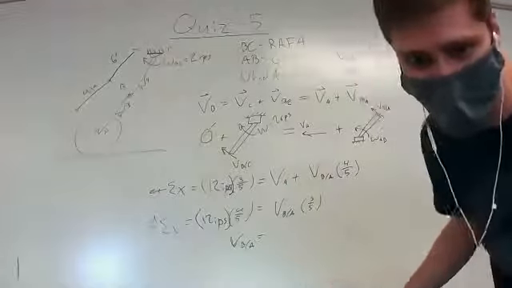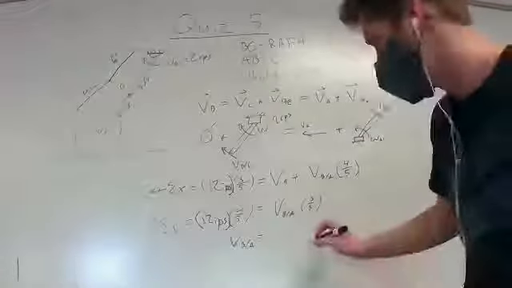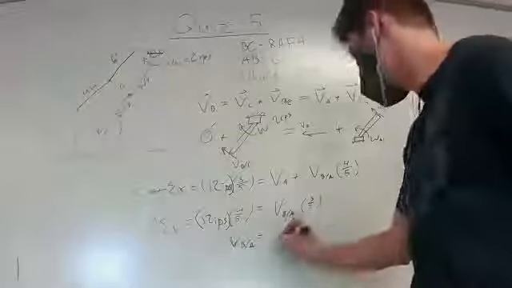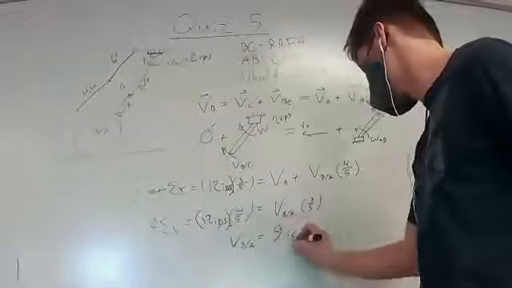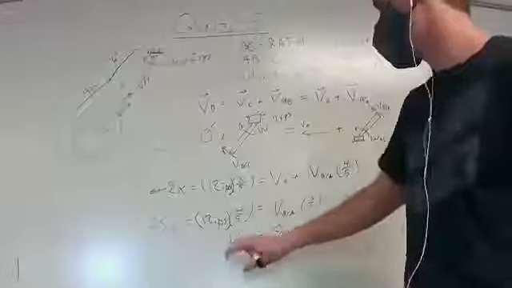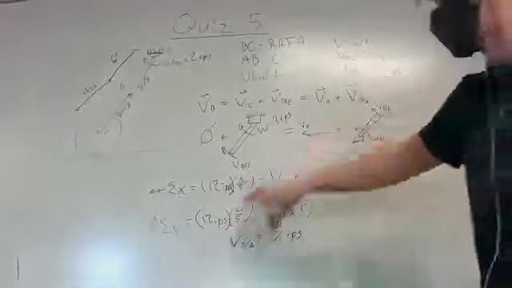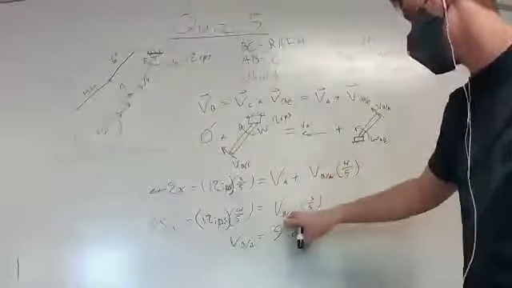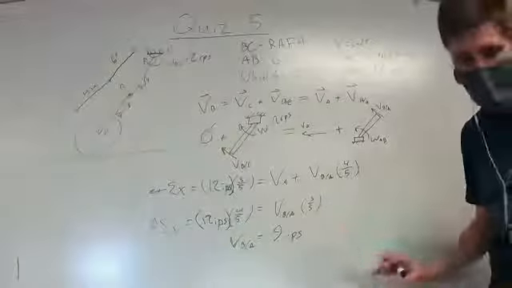I always want to make sure I'm writing the correct number down. Yeah, they say that VBA is equal to 9 inches per second. And that's just because we substitute the value that we find for VBC into our Y equation, and VBA is the only one left.